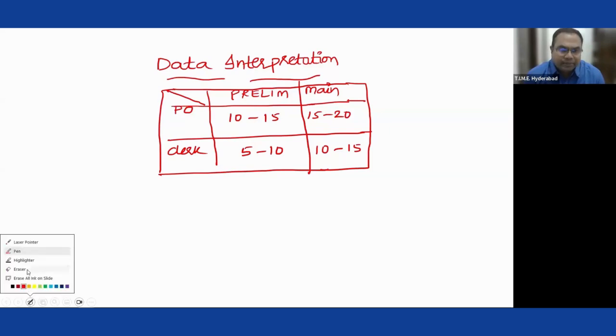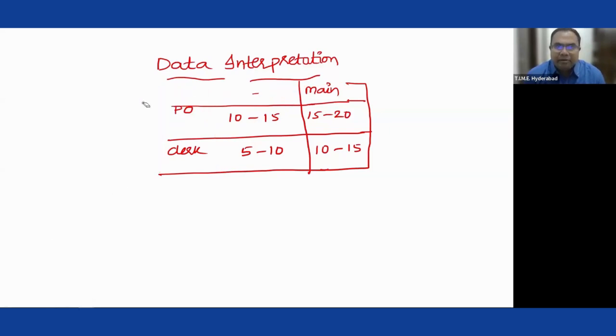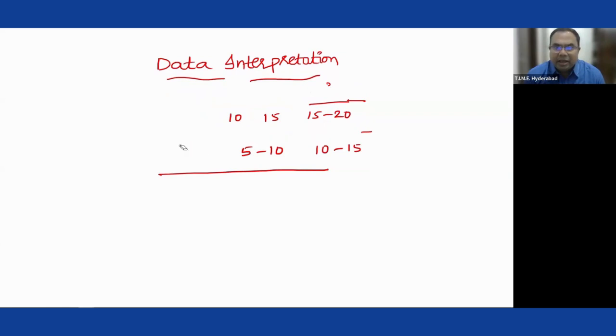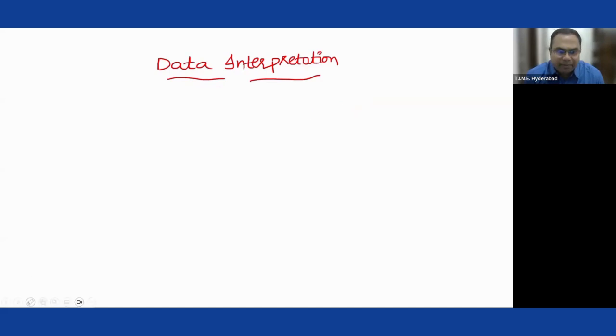Now, students, let me very quickly look at the prerequisites, the things which you should be ready with. What is important, particularly in your prelim exam, is your speed and accuracy. So I will list down a few prerequisites.